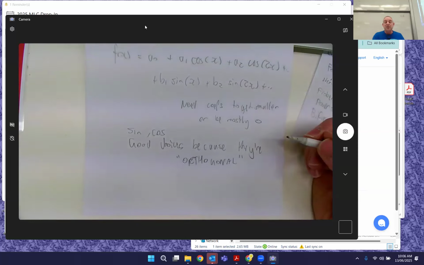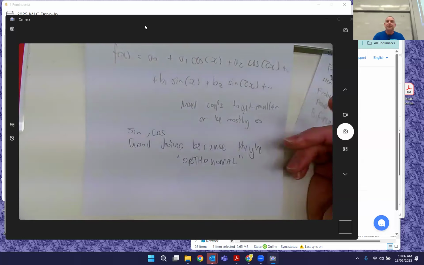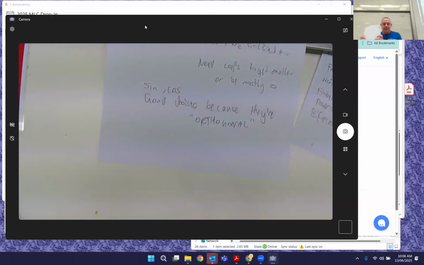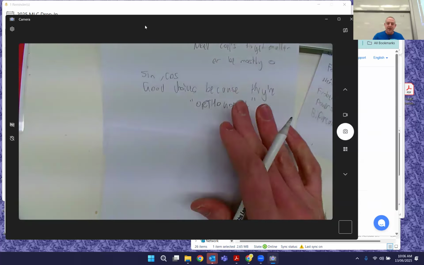Up until now, orthogonal has been only used for vectors. But because of the magic of abstract algebra, we can pretend that functions are vectors. Yay. So I'm going to come back to that.